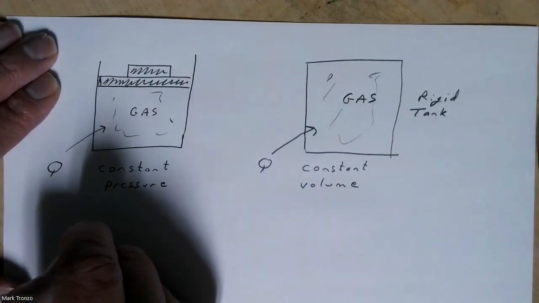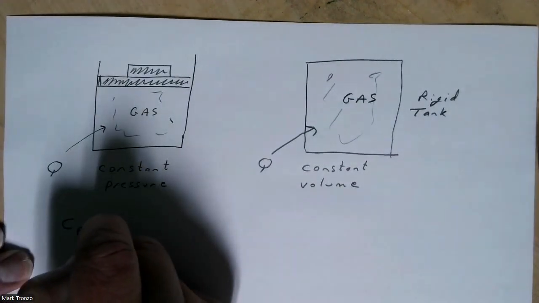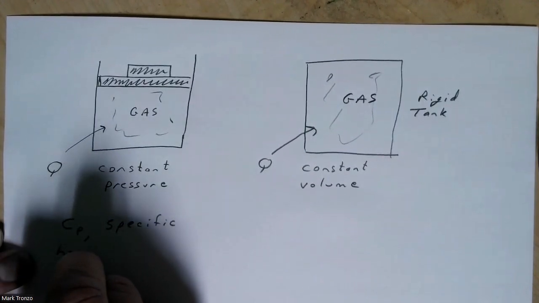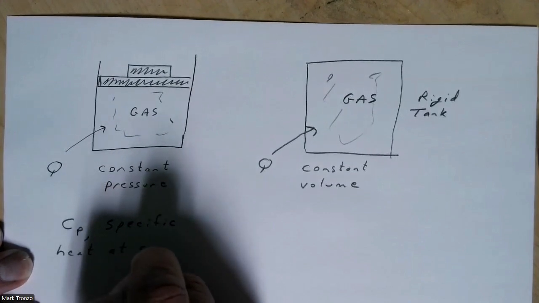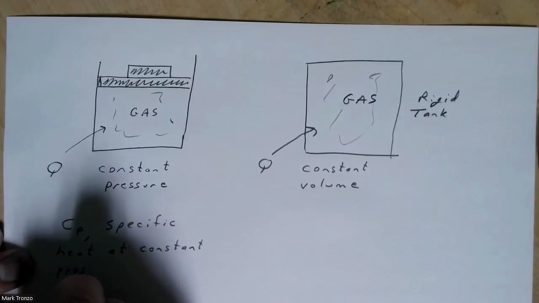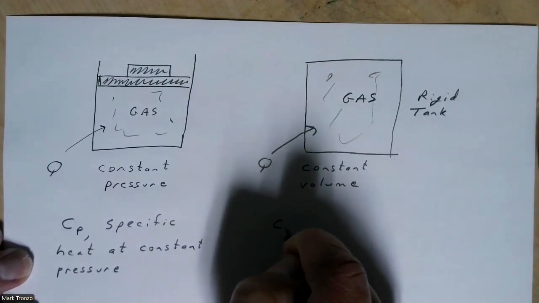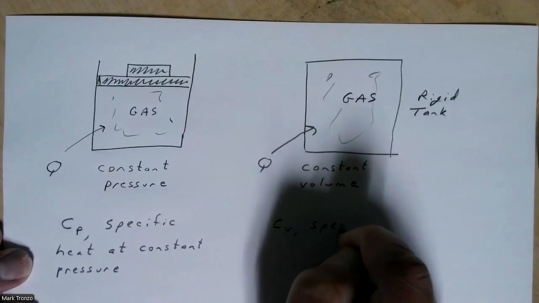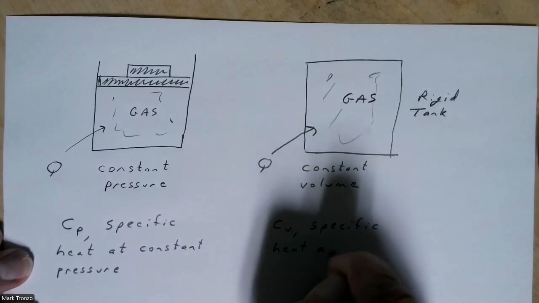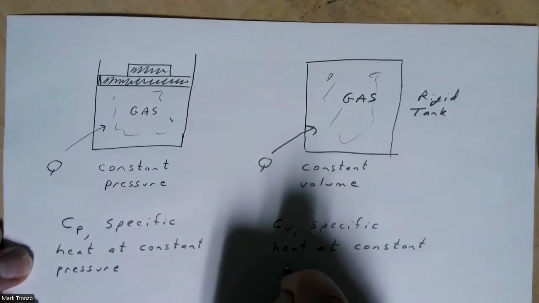So over here you would have C_P, the specific heat at constant pressure, and over here is C_V, the specific heat at constant volume.